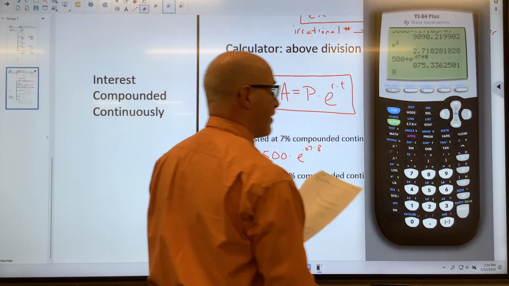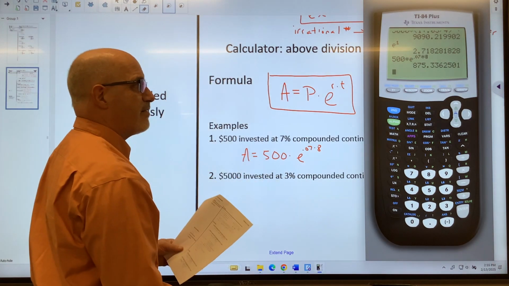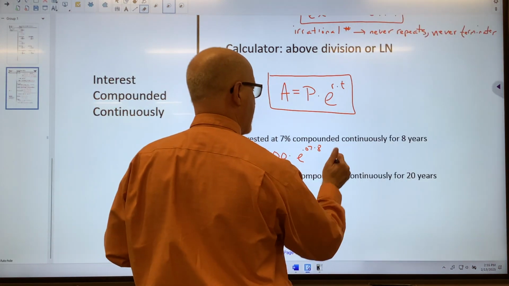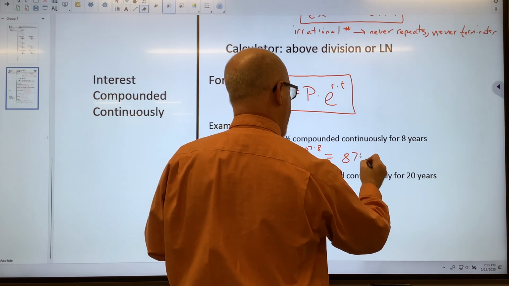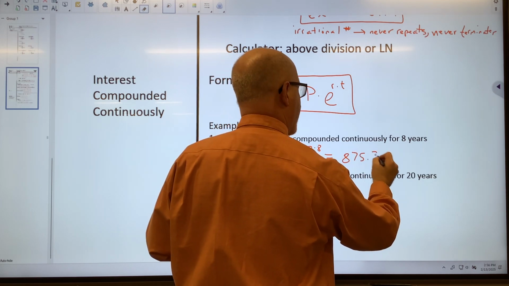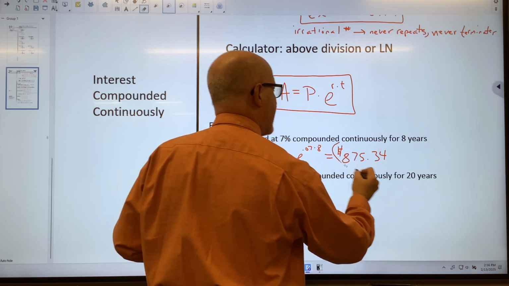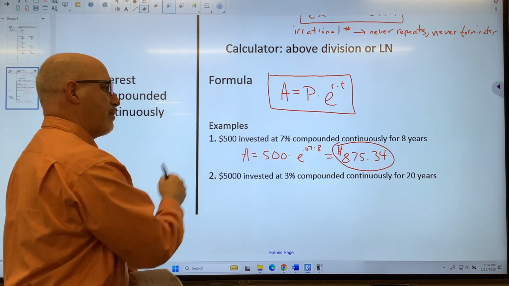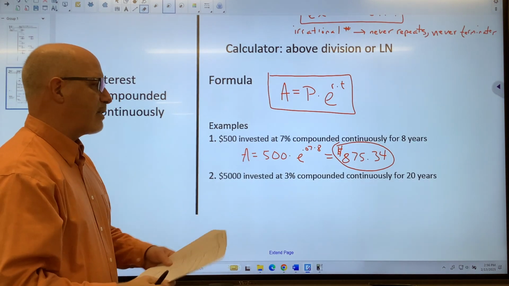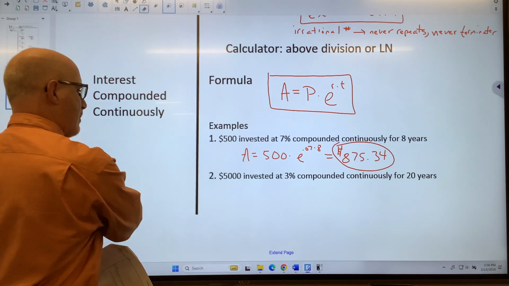And what we get for that amount is $875.34 when we round it. So again, that's a good amount of interest you get in 8 years, because we compounded continuously and we've got a high interest rate of 7%, that will add up quickly.